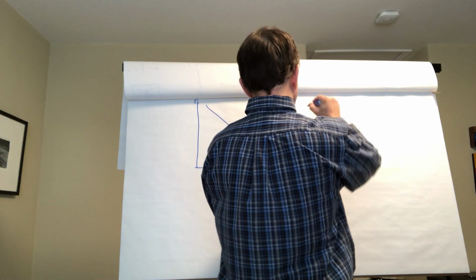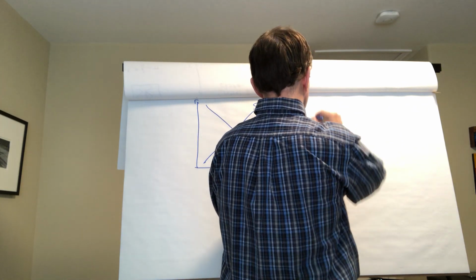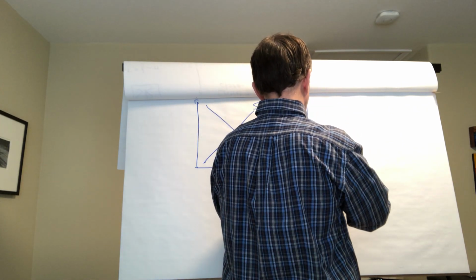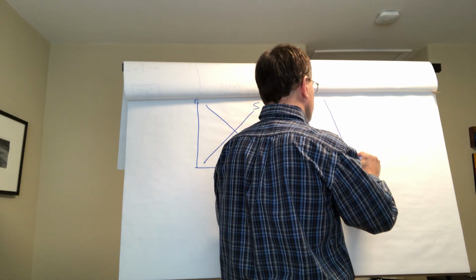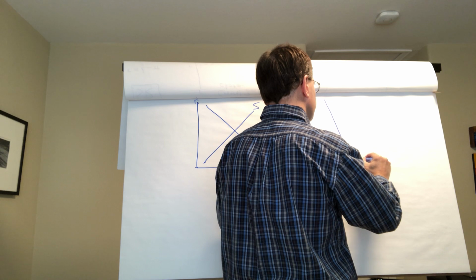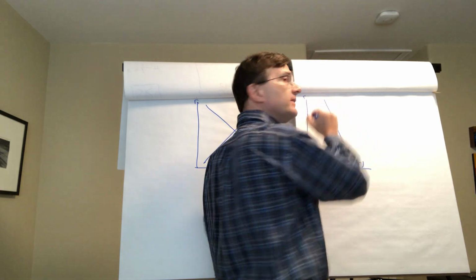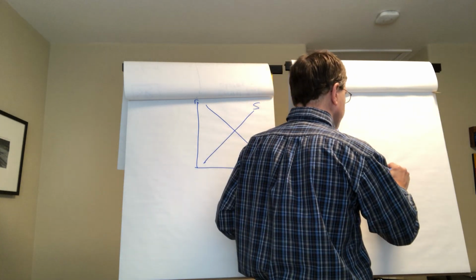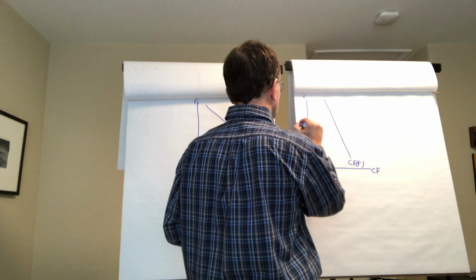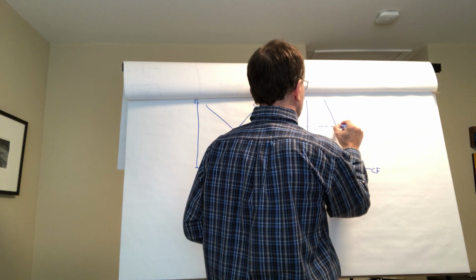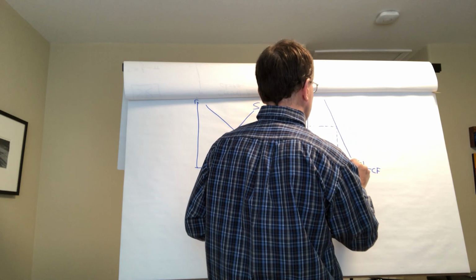I come over here and draw capital flow as a function of the interest rate, also called just the capital flow curve. There we go, quantity of capital flow. And the actual quantity of capital flow I have given the way the graph is here.